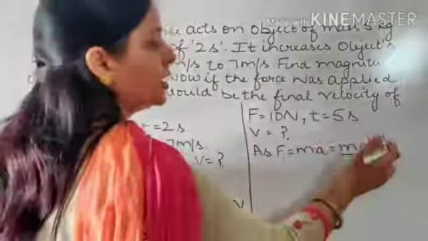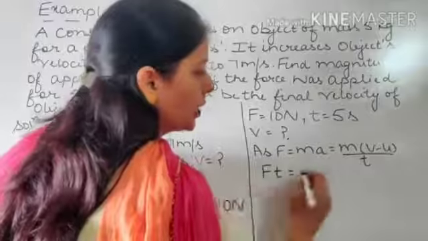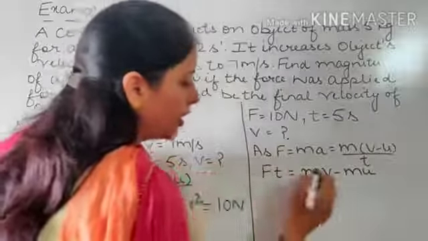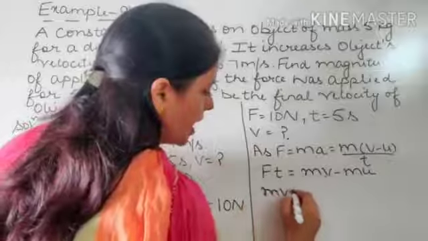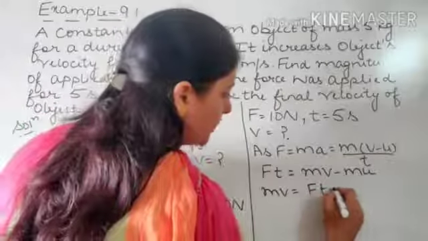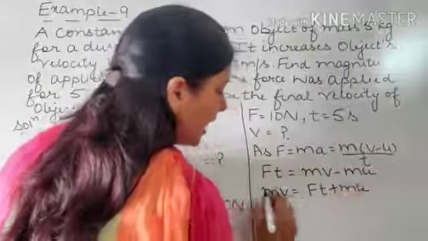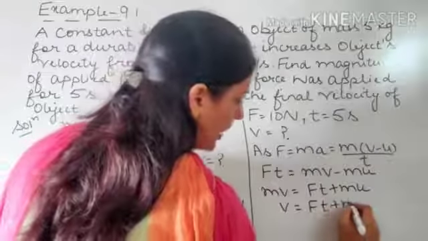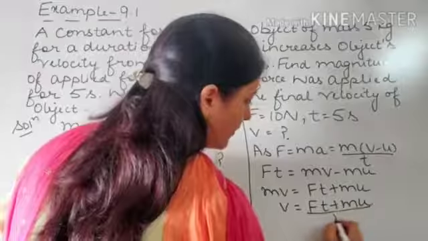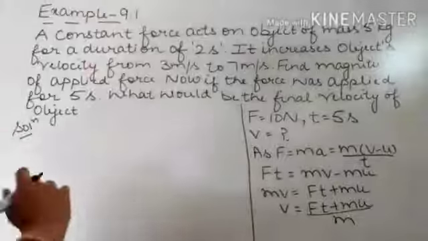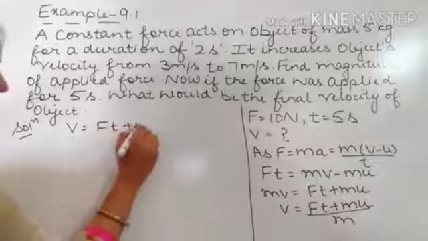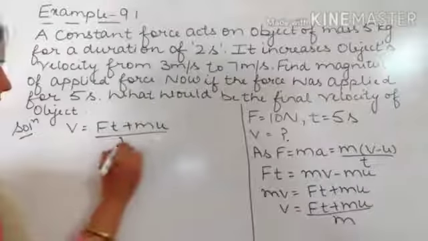We can write Ft is equal to mv minus mu, or mv is equal to Ft plus mu, and v is equal to Ft plus mu divided by m.